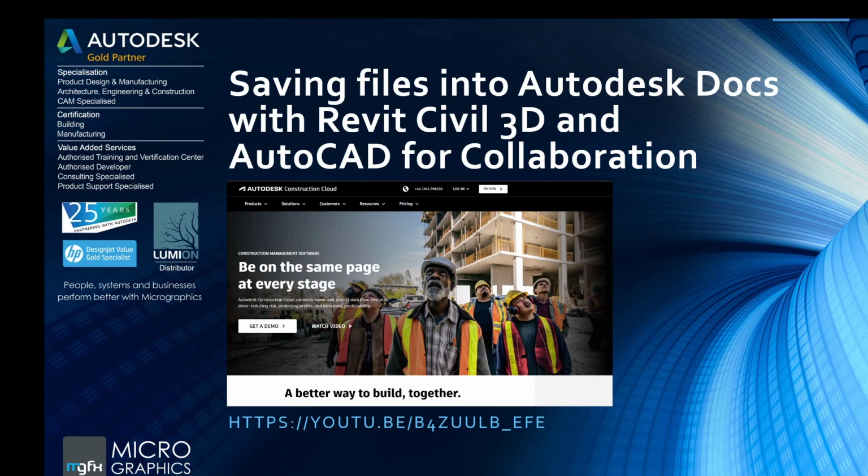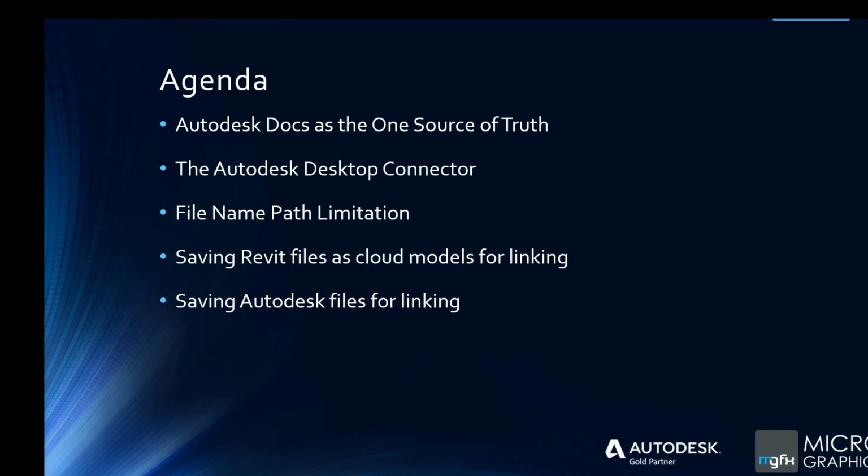Our agenda today is to look at what it means for Autodesk Docs to be the one source of truth. We want to investigate what the Autodesk Desktop Connector is. The Desktop Connector is an additional piece of software that needs to be downloaded when you start your cloud project.